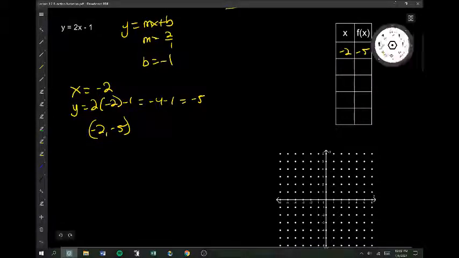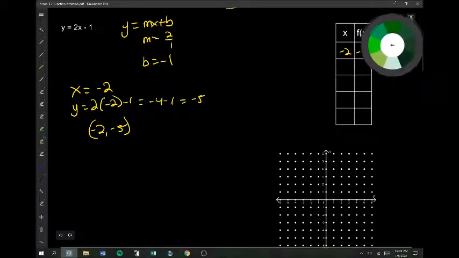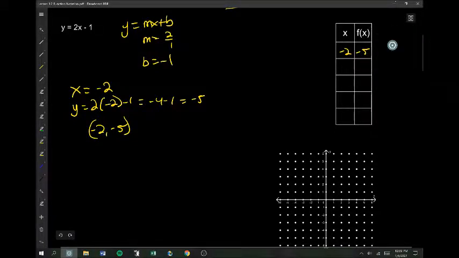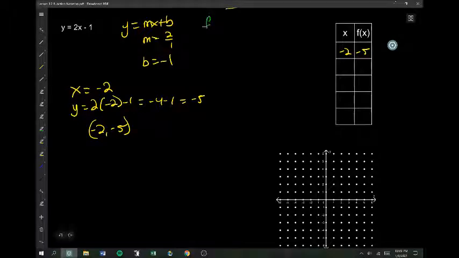Since we have that certainty, we can declare this is a function. And we declare that by using this odd-looking f of x. Now, this isn't f times x. It looks like f times x, but it's not. This is read as f of x. The f just means we have a function.